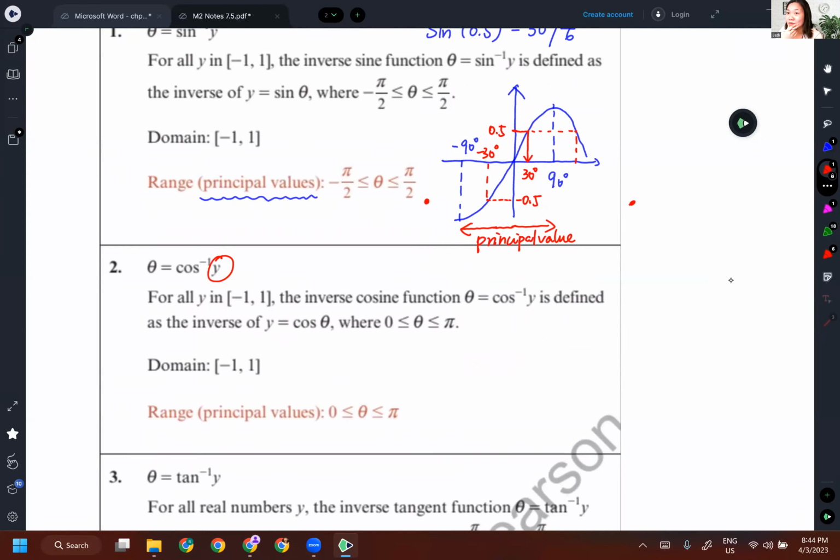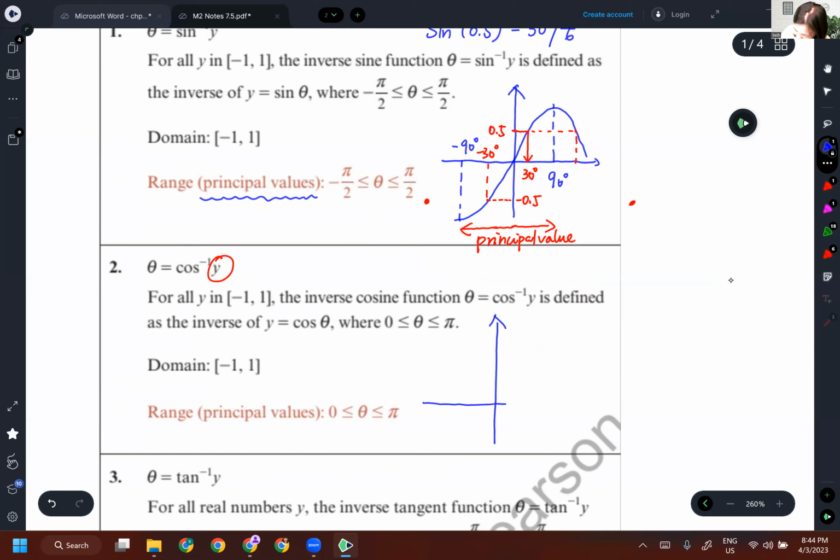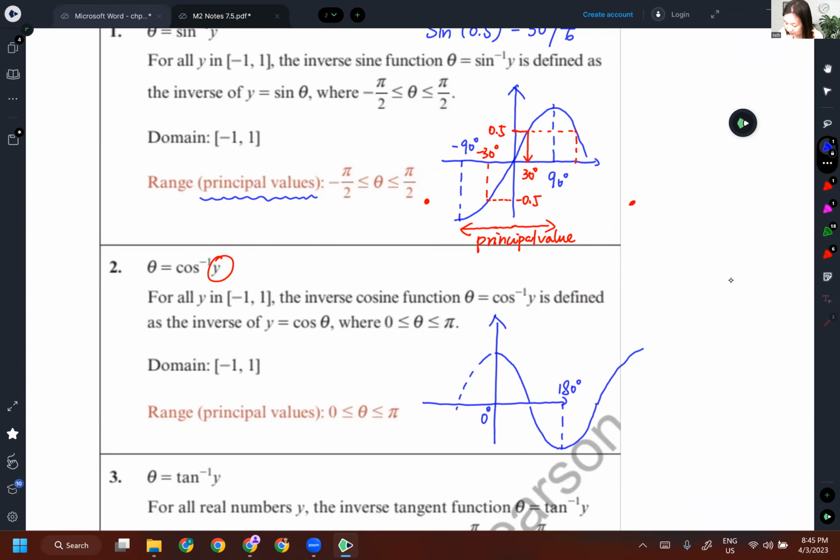Now for the cosine, you also input the cosine value, and the outcome is an angle. But for cosine, the principal value is different. This is because the cosine graph looks like this. The principal value is from 0 degrees to 180 degrees. Although there is graph on the left, those are not the principal values. Let me use a dotted line.